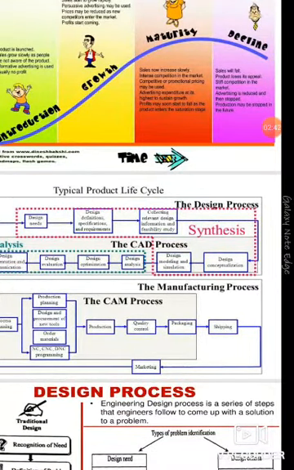The next one is production, where raw material is converted in mass production, called the machining process. Then quality control checks the material once shop floor production is completed, with visual inspection.